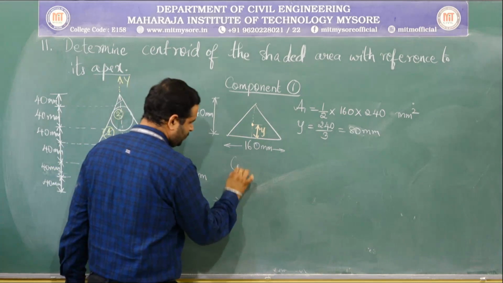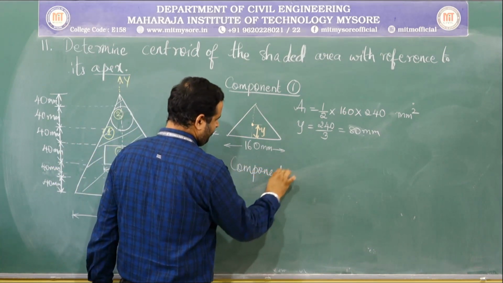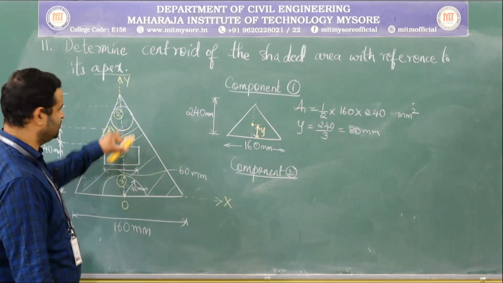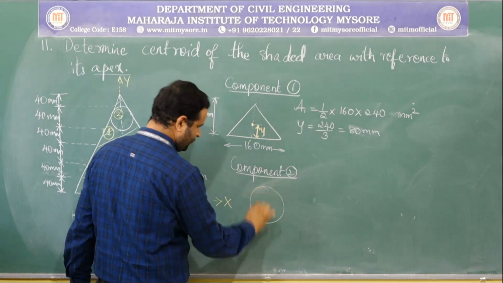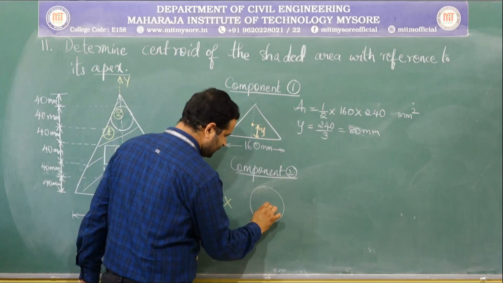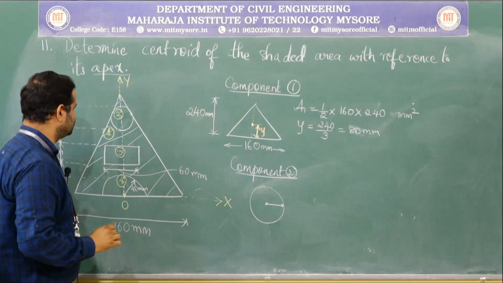Now, we shall write component 2. Which is component 2? It is a circle. The radius or the diameter, whatever is given.